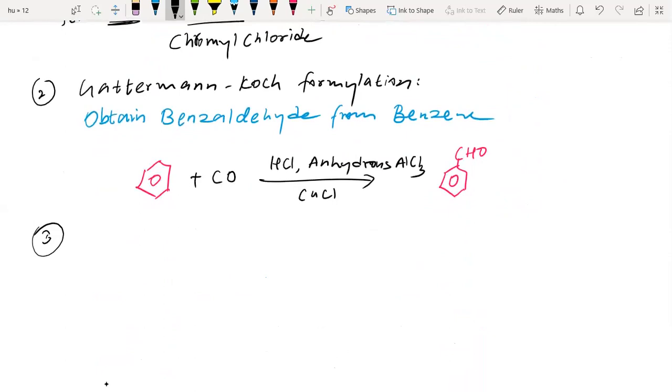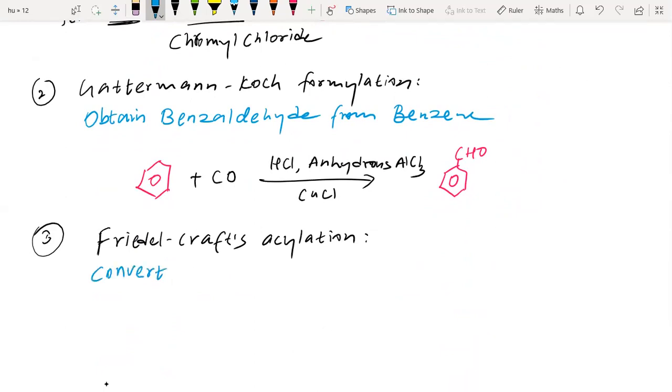Now for the third, Friedel-Crafts acylation. Whenever this comes, it's very important to know the main material. Before that, I'll put the question here. It can be like: how will you convert benzene into acetophenone?